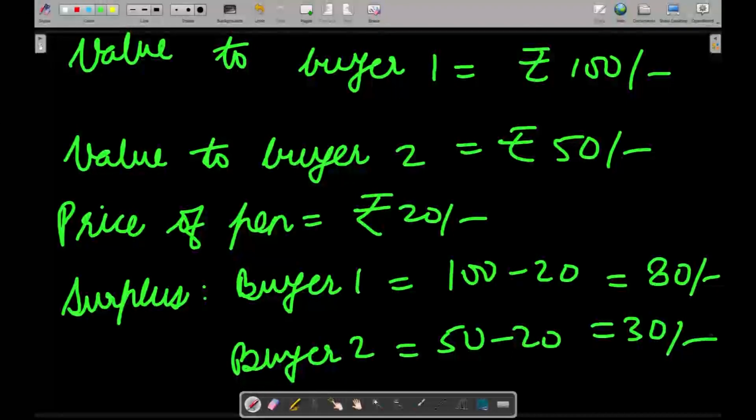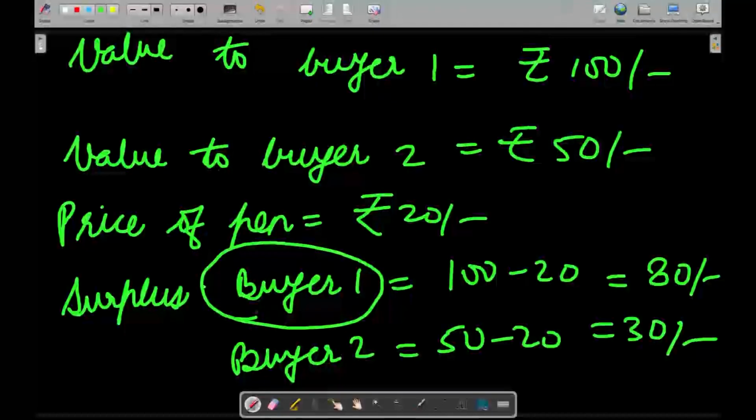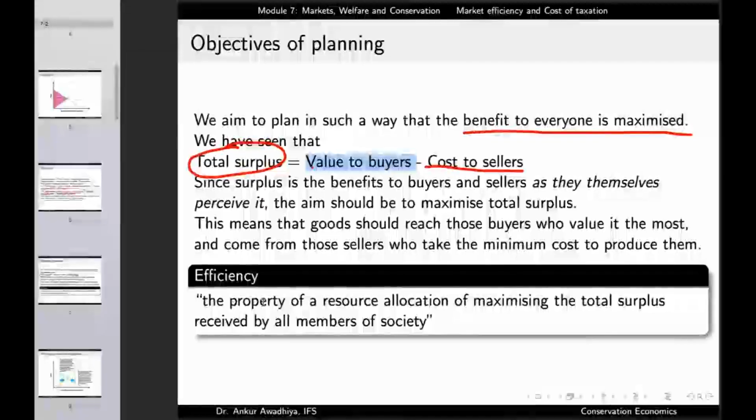Now, if the aim of planning was to maximize the surplus, then we would want this pen to go to buyer 1, because if it goes to buyer 1, then the total surplus from the viewpoint of the buyers increases by 80 rupees. Whereas if it goes to the second buyer, the total surplus from the point of view of the buyers increases only by 30 rupees. So if we are trying to maximize the total surplus, we should work in a way that the value to the buyers is maximized.